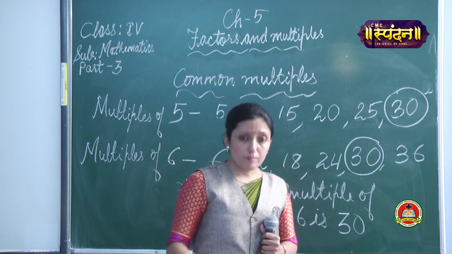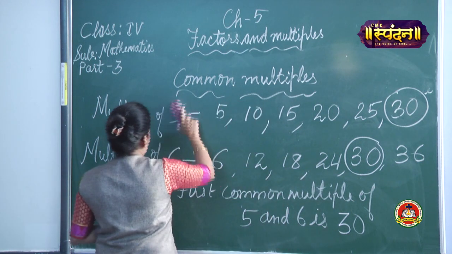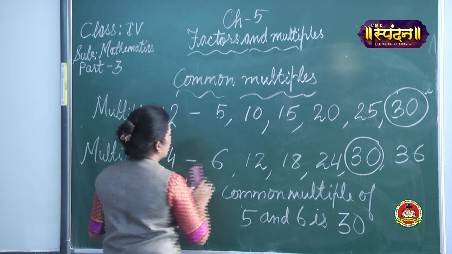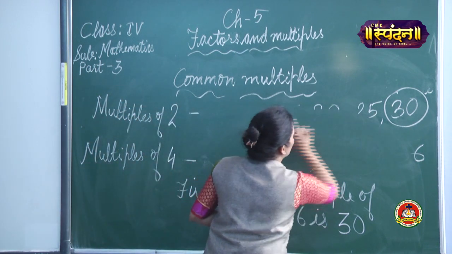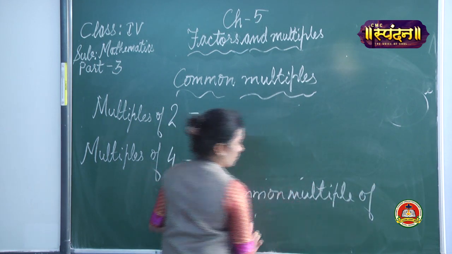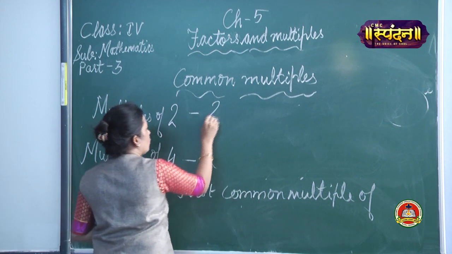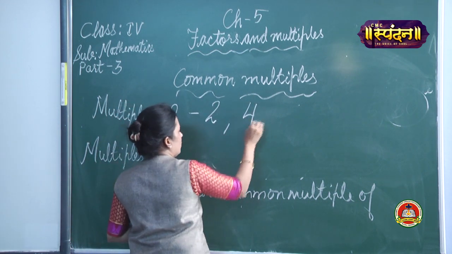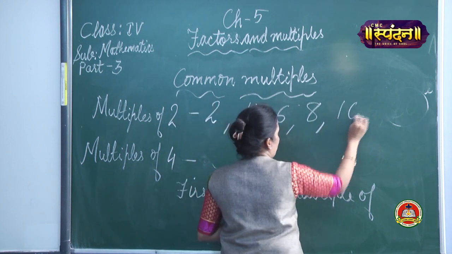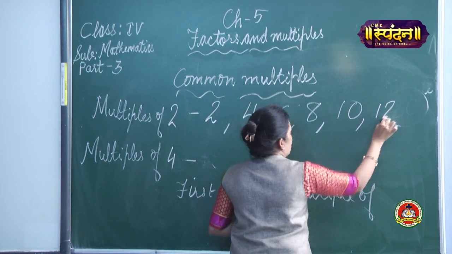Like if I take the numbers 2 and 4, children, similarly 2 and 4. Now let me see the tables of 2 and 4 and which will be the common ones here. Okay, let us check. 2 1s are 2, 2 2s are 4, 2 3s are 6, 2 4s are 8, 2 5s are 10, 2 6s are 12.